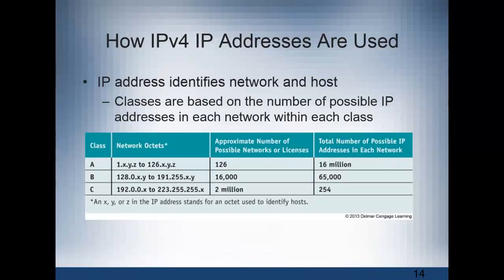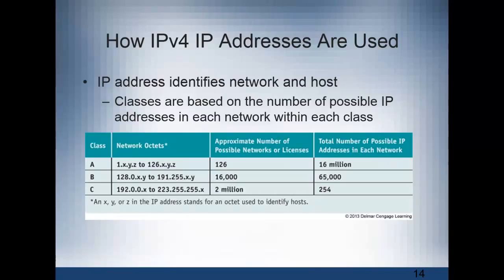A Class C license assigns 3 octets as the network address, with only 1 octet used as the host address. There can be only 254 hosts on a Class C network, as I said earlier, or its subnetworks.